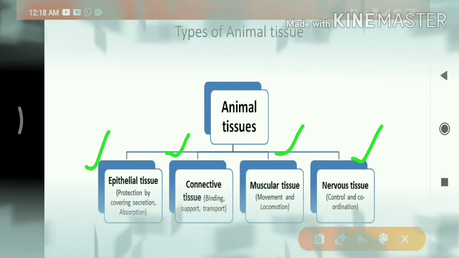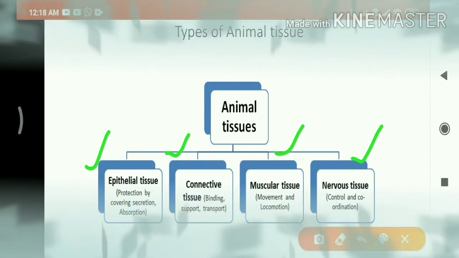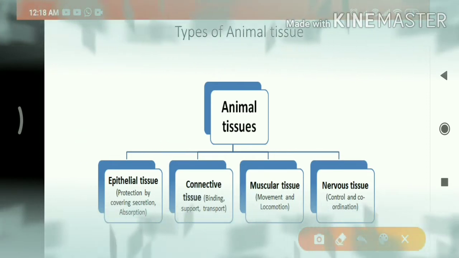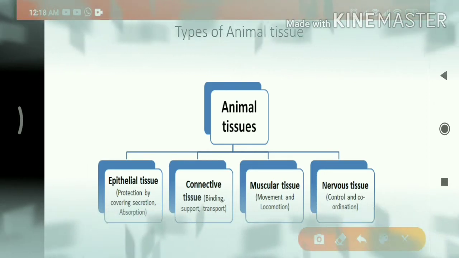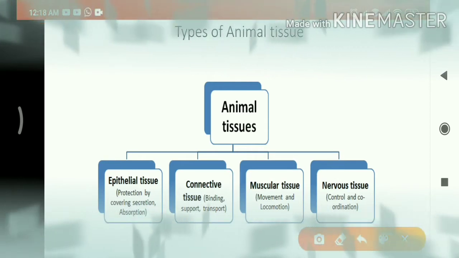The first type of tissue is epithelial tissue. Second is connective tissue, next is muscular tissue, next is nerve tissue. Note down all the words with proper spelling: epithelial tissues, connective tissues, muscular tissues and nerve tissues, right?